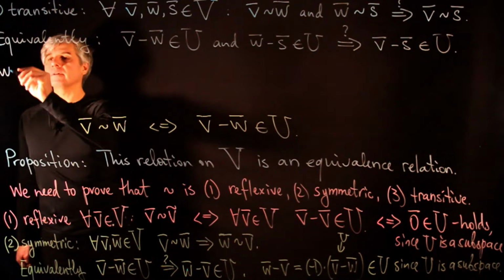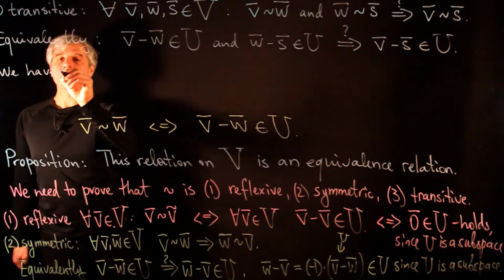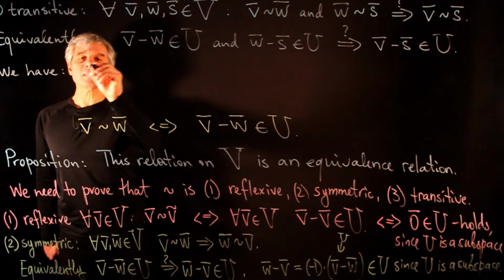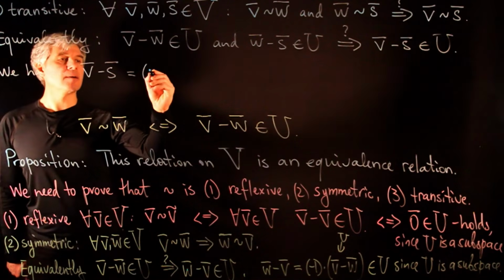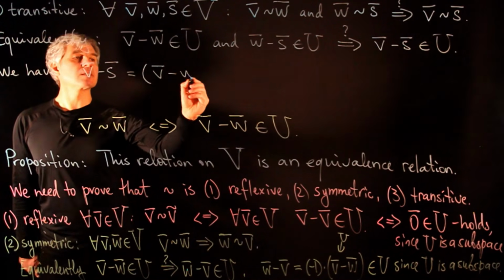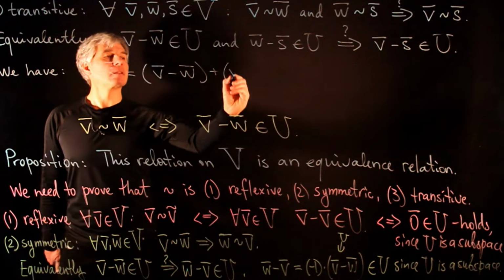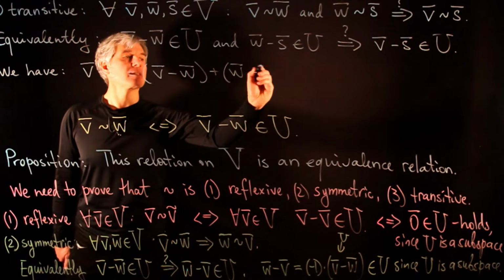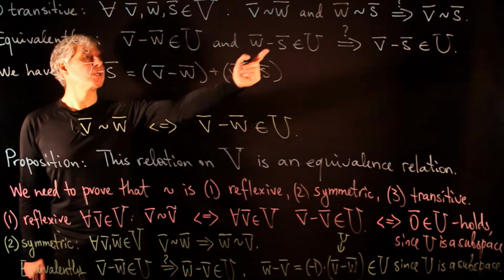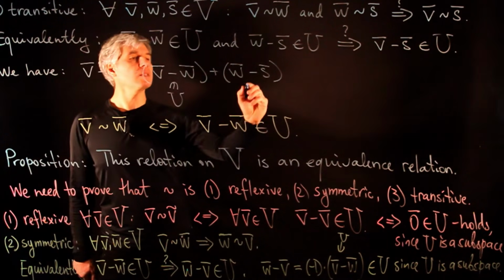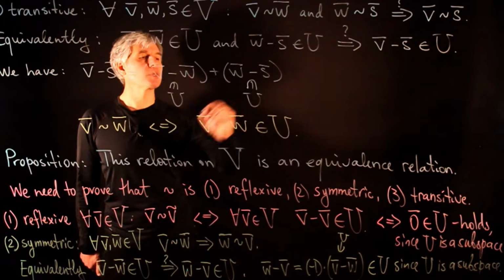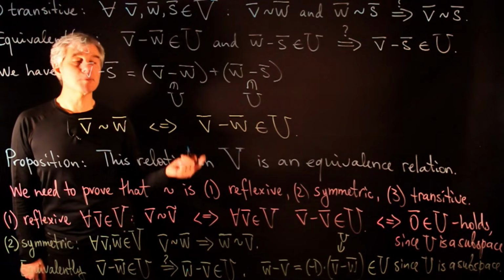But here we have that v minus s can be written as a sum of v minus w and w minus s. And here we know that the first summand belongs to the subspace U, and the second summand belongs to the subspace U. And U is a subspace.